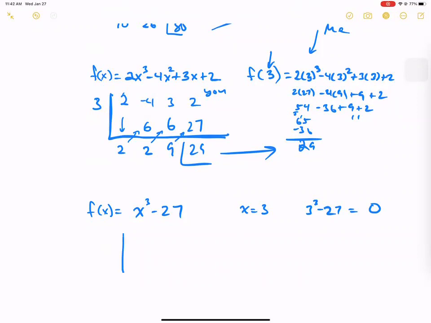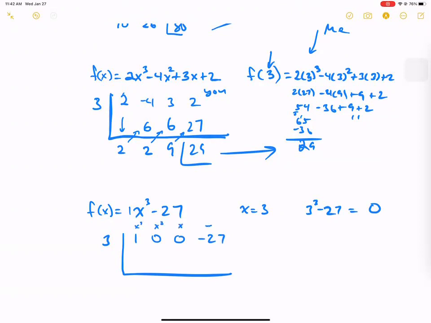Okay, so let's do synthetic division. If x is 3, now careful, remember, in synthetic division you have to include zeros as placeholders. If we're missing an x squared or missing an x, we have to put a 0 there. So if I write, this is an invisible 1, 1, 0, 0, negative 27. Look what I did here, because this is x cubed, x squared, x, and constant.